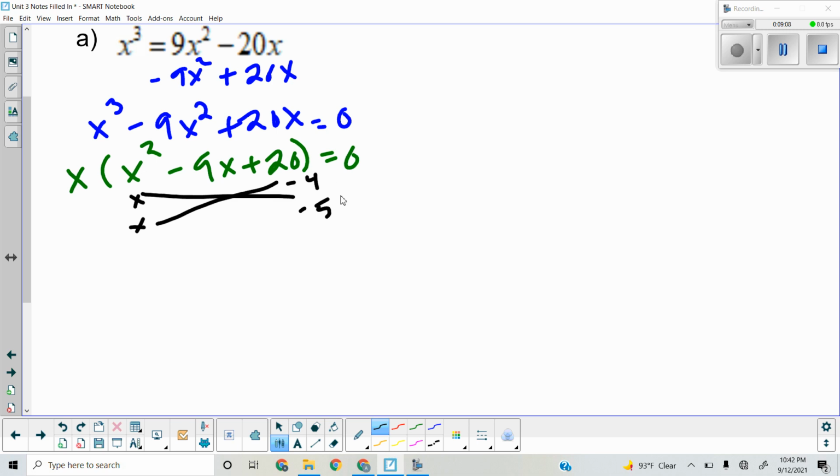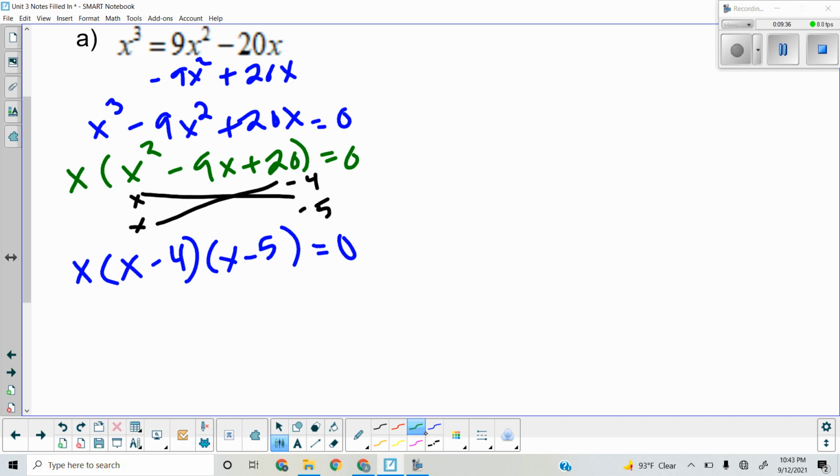Negative 4 times negative 5 gives us positive 20. When we add those, we get negative 9. So x minus 4, x minus 5. And that equals 0.